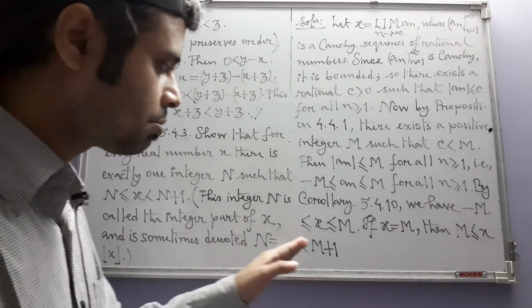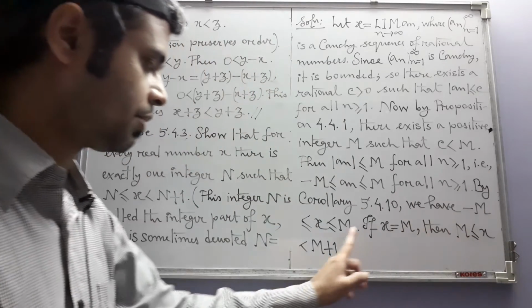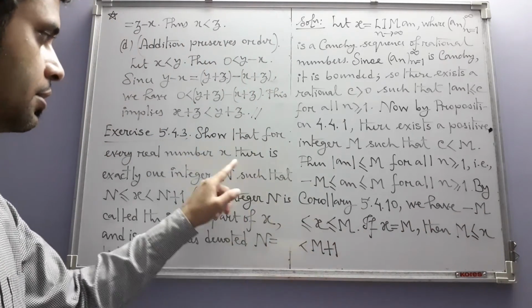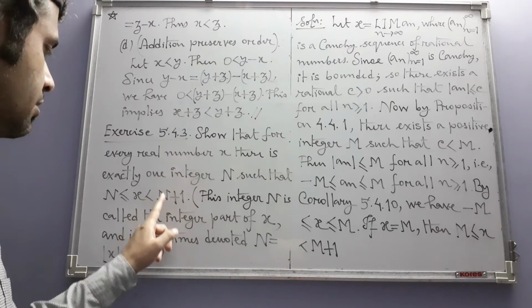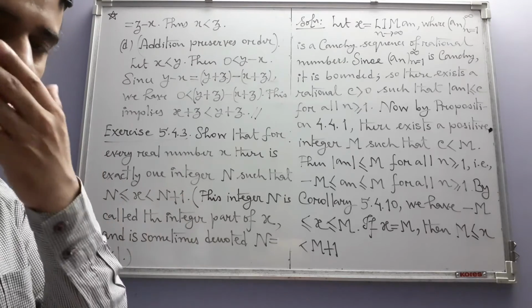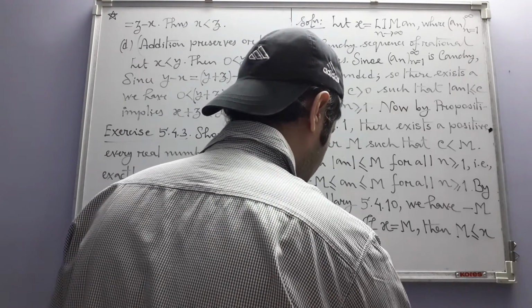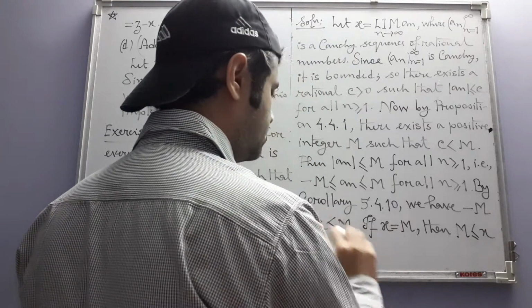So in this particular case, we have in fact found an integer m such that m is less than or equal to x and x is less than m plus 1. This is when x is equal to m.